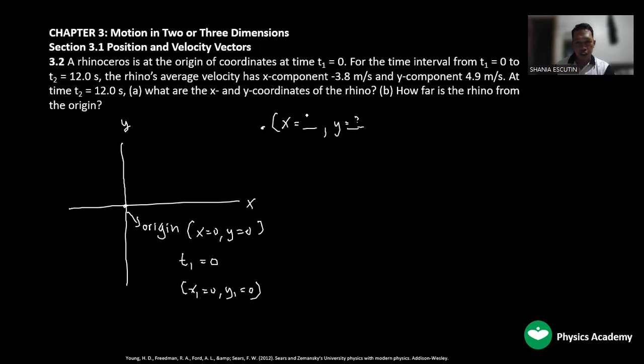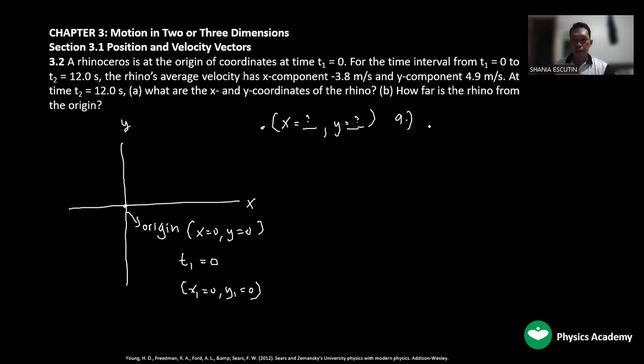We don't know what the position is in our coordinate. We are given the x component and the y component of the rhino's average velocity. So how do we answer this problem? For letter A, we are asked to find the x and y coordinates.